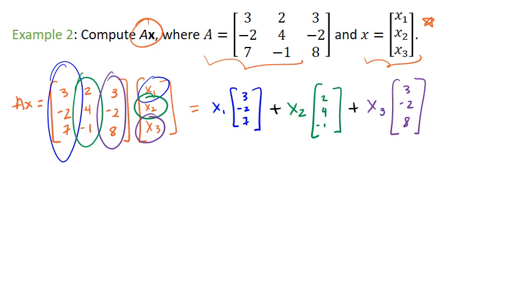All right, excellent. So now we are just going to multiply by the scalars. So multiply these.